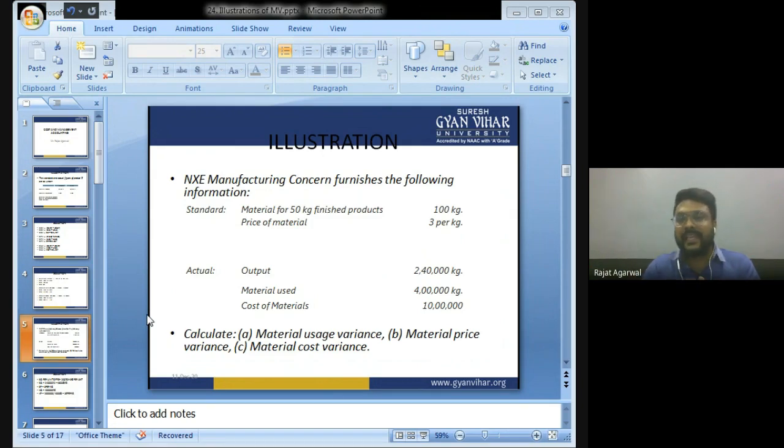Price of material is rupees 3 per kg. In actual, we produced 2,40,000 kg. Material consumed is 4 lakh kg and cost of material is 10 lakh. Okay.